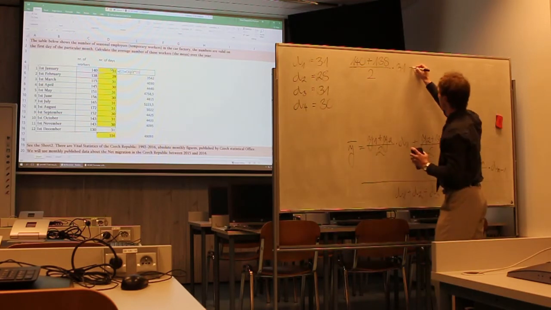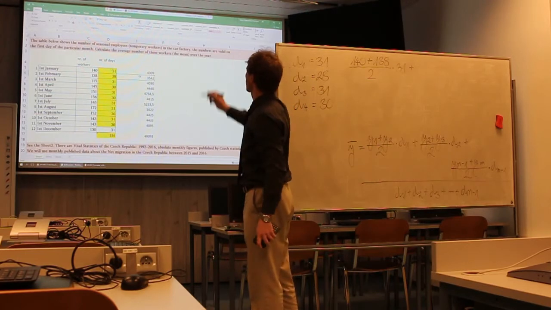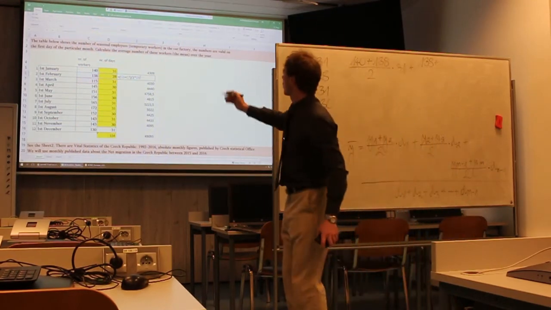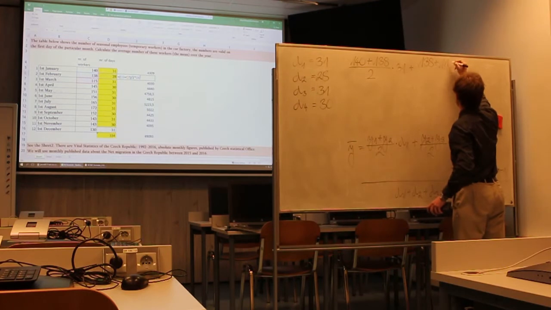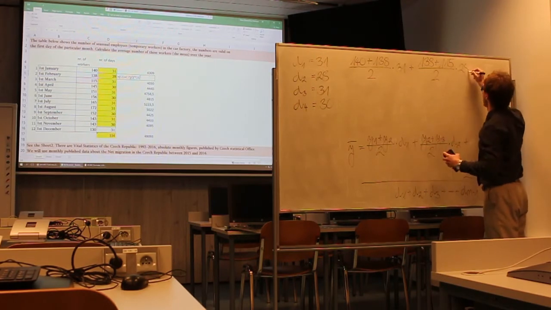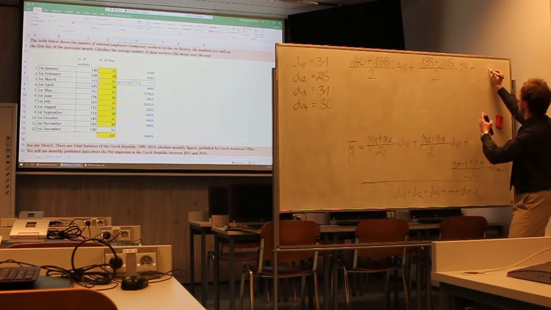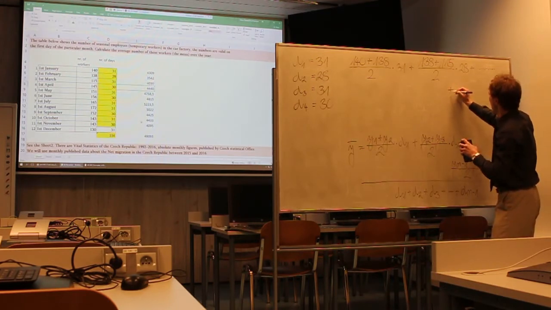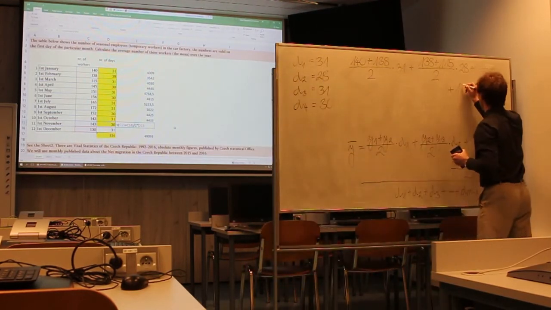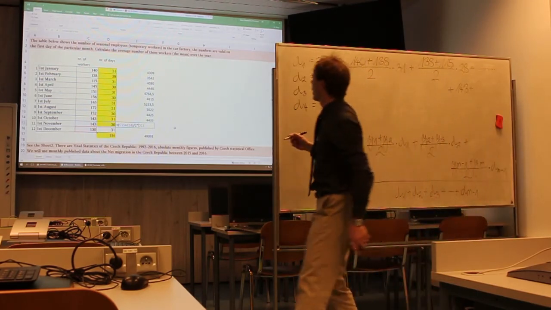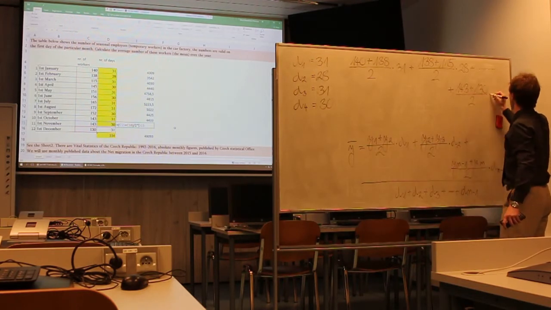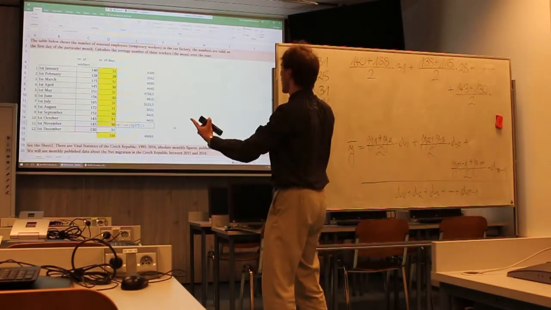This is the first part, plus, and we can continue: 138 plus the third observation, 115, divided by 2, weighted by 28, plus, and so on. The last partial part will be 143 plus 130 divided by 2, weighted by 30 days, November.